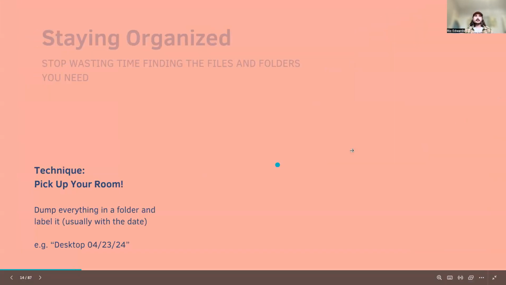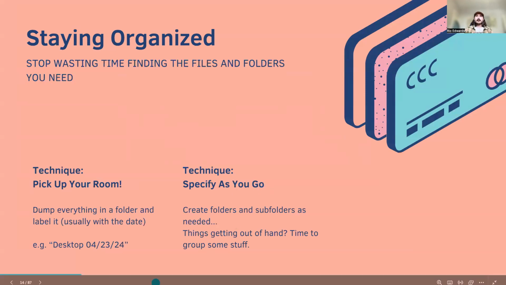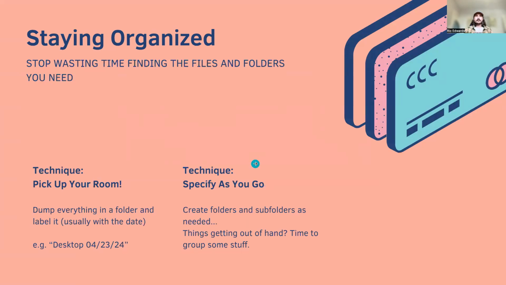So the next technique is specify as you go. You can create folders and subfolders as needed, and if things are getting out of hand, you can group some stuff and organize. I find that if I try to organize in one big go before I even start something, like when I get a new computer and I'm like, okay, I'm going to make a folder for my art. Oh, actually, art is too general.